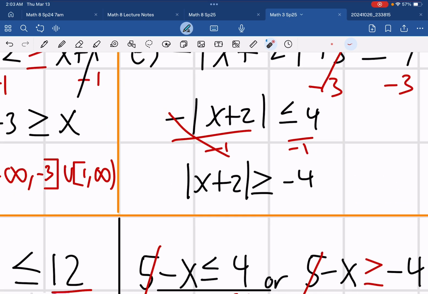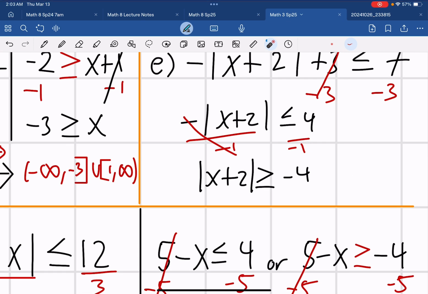Now let's pay attention to what this is asking for. Now, this is asking for numbers that are bigger than or equal to -4. Well, I can already, from the very beginning, get rid of this equal to portion because the outcome of absolute value can never be negative, so it'll never equal -4. But, can I get answers that are bigger than -4? Now we have to think, because the outcome, I can plug anything I want into the absolute value.